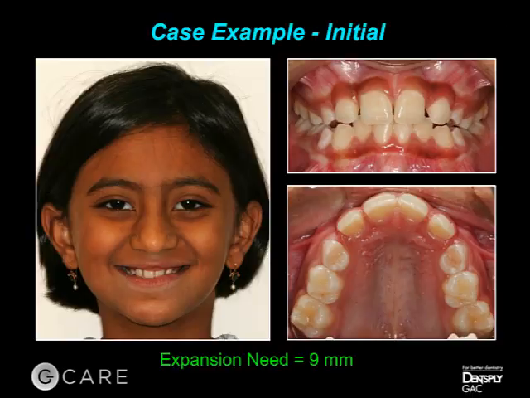So for a final case example, this is Ritu, and when she came in, her measurement need was 9 millimeters. Once again, I want you to look at those posterior teeth and see the extreme inclination of those lower posterior teeth. Okay? No crossbite dentally, skeletal crossbite is present.